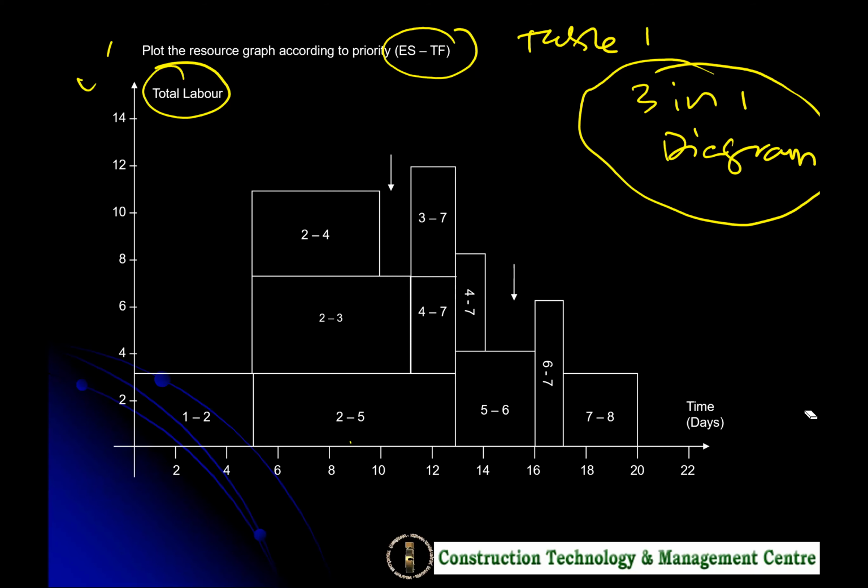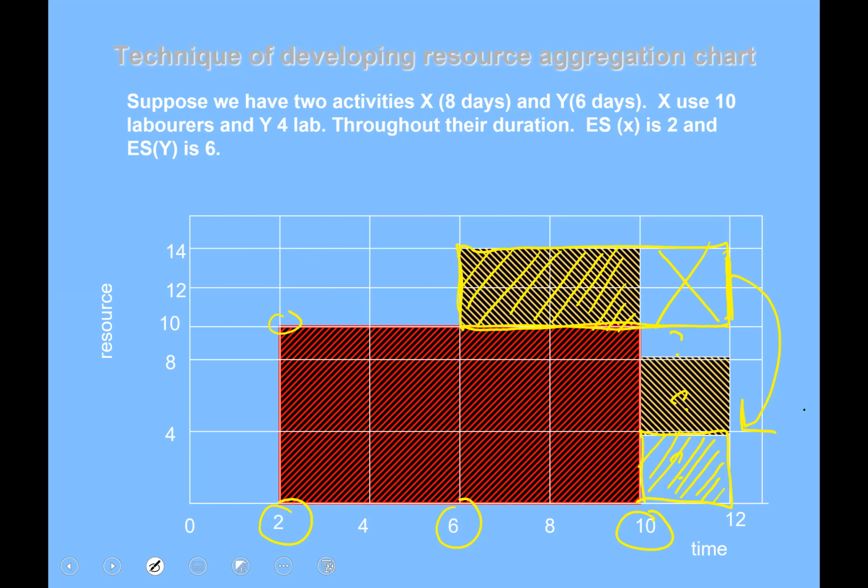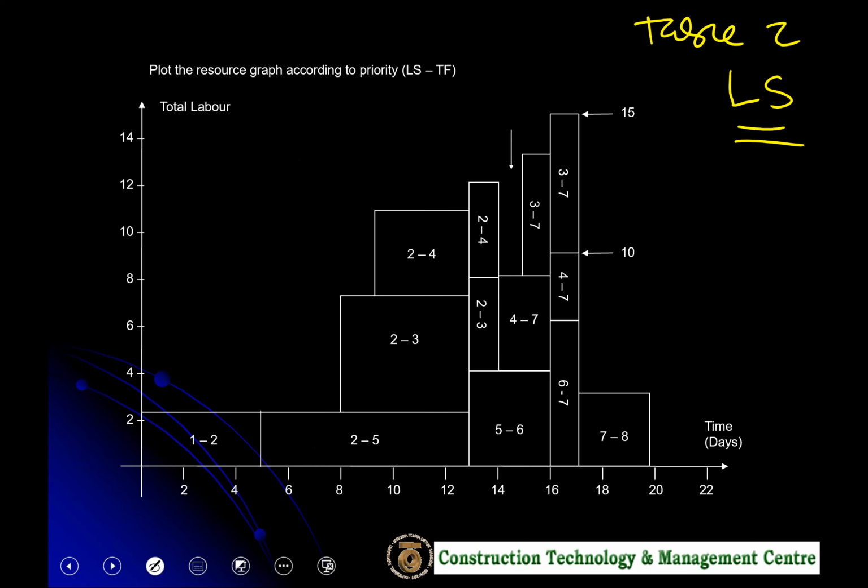Okay, now if you make comparison, this is the early start graph, and this is the late start graph. So it looks like the late start graph, the table 2, looks much better.